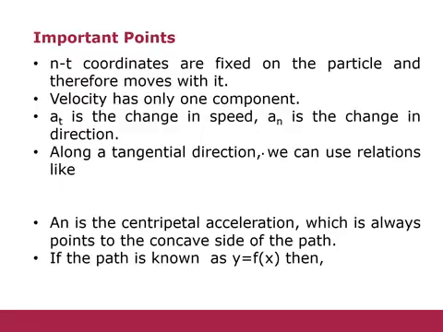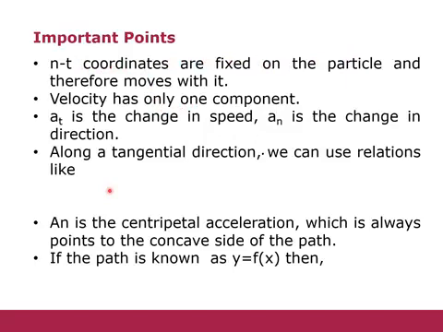These are some important points you must keep in mind while solving curvilinear problems related to the normal and tangential coordinate system. Number one, the coordinate system is fixed on the particle, which is why the coordinates move with our particle.